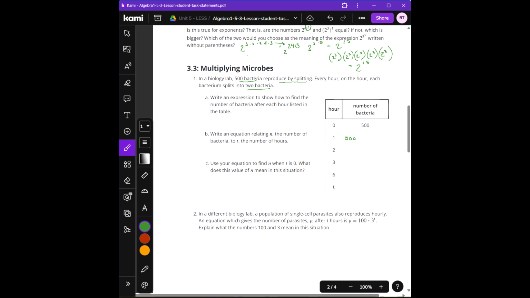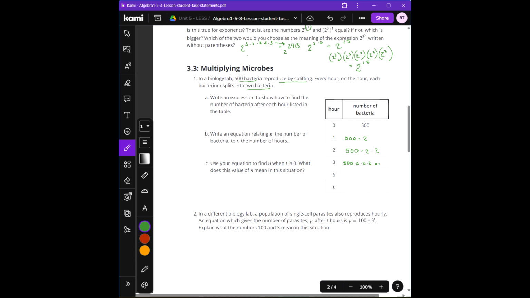500 times 2. So after the first hour, we're going to have 1,000. Then we're going to have, after the second, 500 times 2 times 2. Okay, so it's going to keep doubling. The next one would be 500 times 2 times 2 times 2, right?